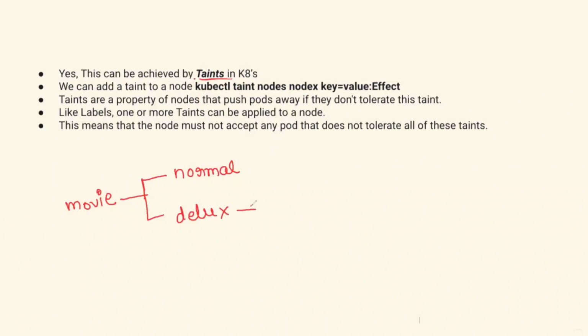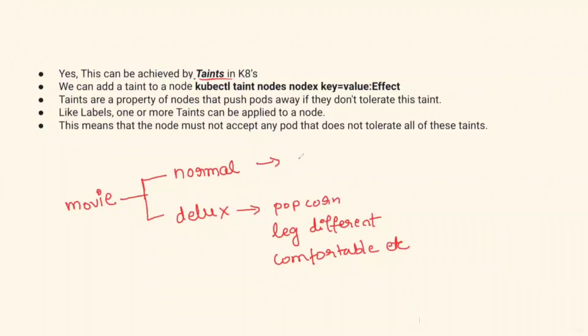Now, what's a deluxe ticket? Maybe you get a free popcorn and the leg space is different, right? And the chair in which you're going to sit is more comfortable, etc.